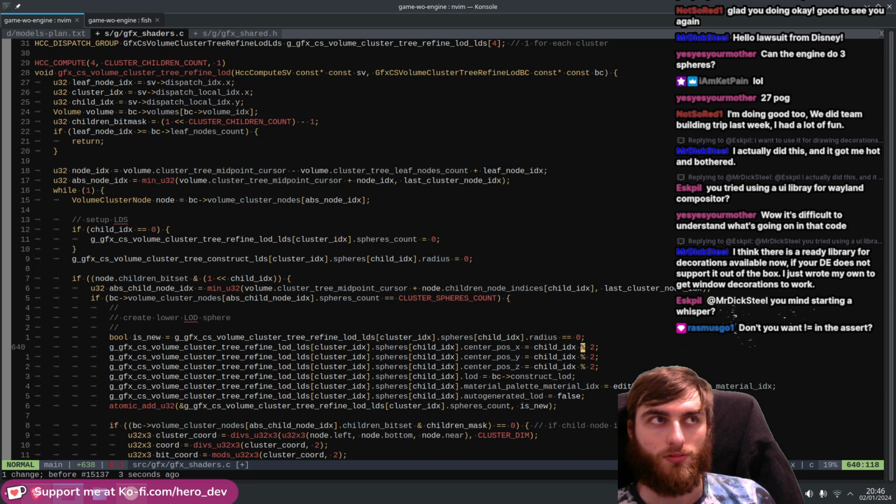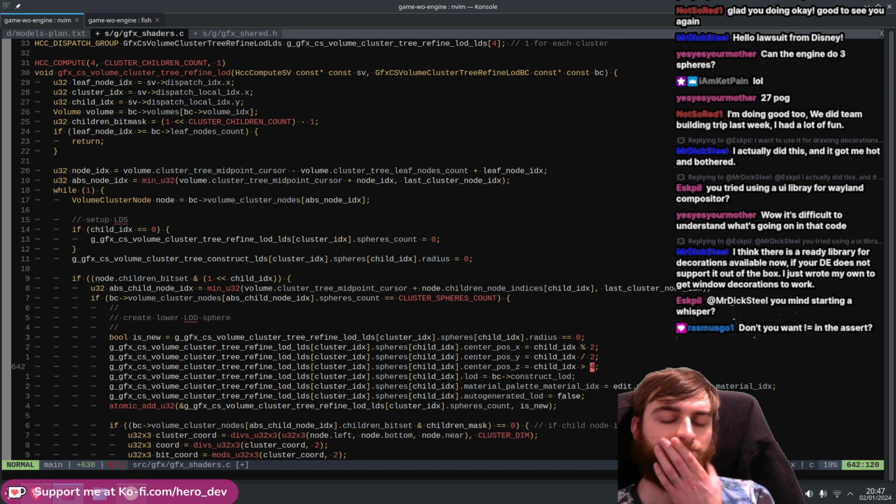So mod 2 will get you across the x. It's across the y divided by 2, and across the z if greater than 3.